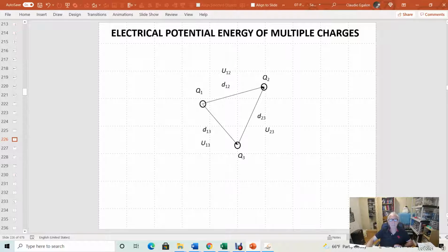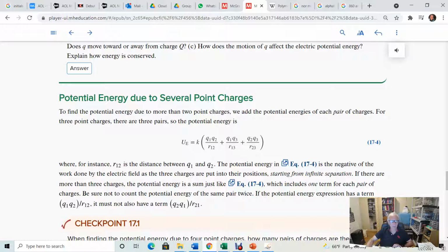And we sum all of them. Depending on the signs of the charge, those may be either positive or negative. So that's straightforward like that.